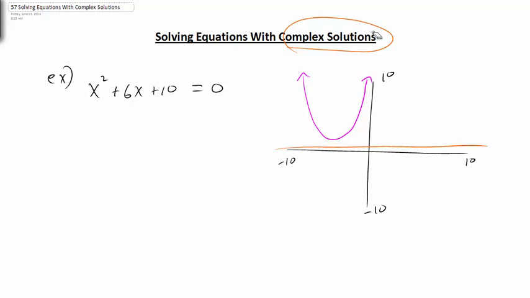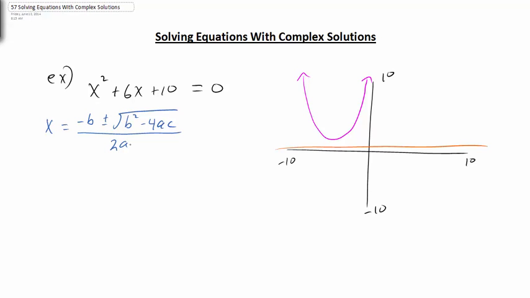So we're looking at where this equation equals 0, looking at not just the real numbers, but the complex zeros. And the only way we can really go about finding this is by using our quadratic formula. So we're going to use x equals negative b plus or minus the square root of b squared minus 4ac, all divided by 2a.